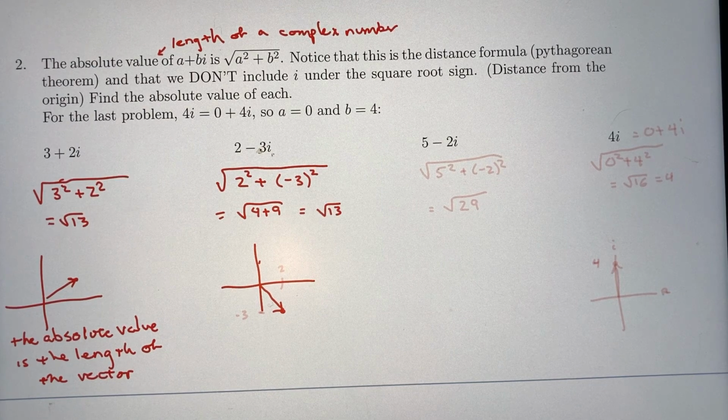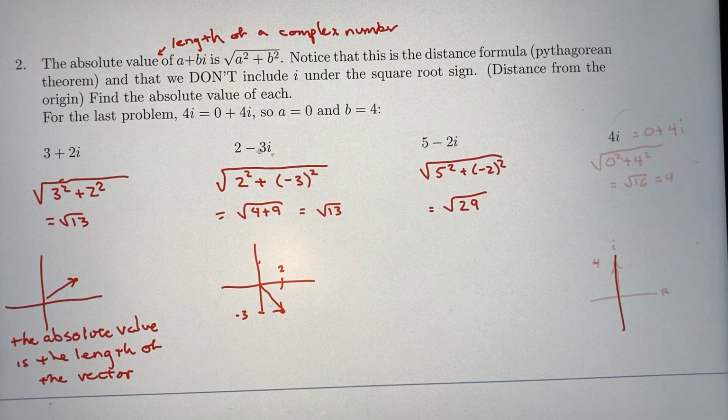Sure enough, 2 in the real direction and 3 down in the imaginary direction. That distance away is square root of 13. 29, not 21.